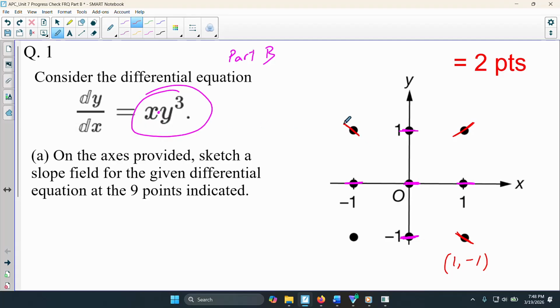And over here, they're both negative 1, comma negative 1. Plugging that in, negative 1 times negative 1 is positive 1. So there's your slope field at the 9 points indicated. All right, next. That's actually more than I thought, that should be like 1 point, but that's nice, 2 points. All right, next.